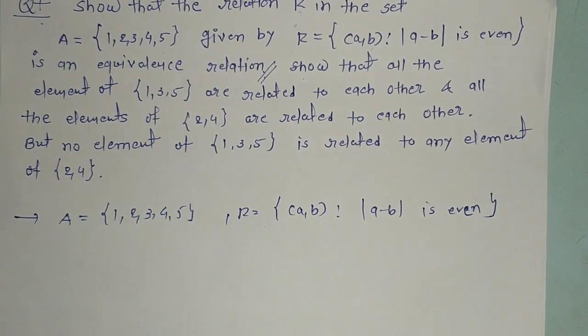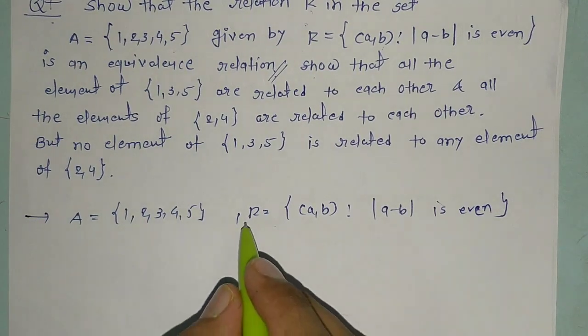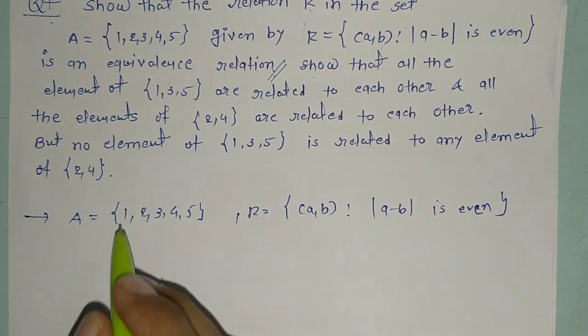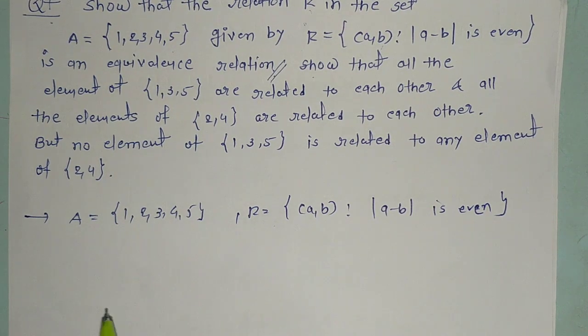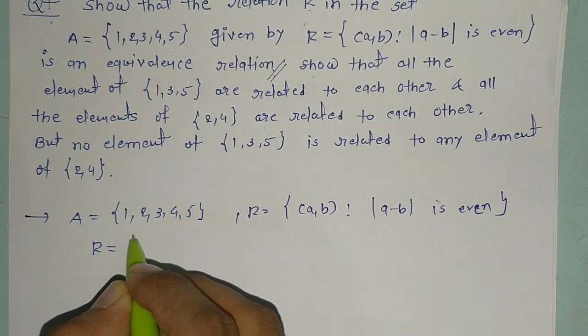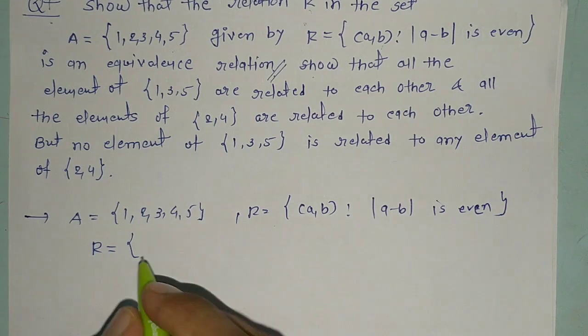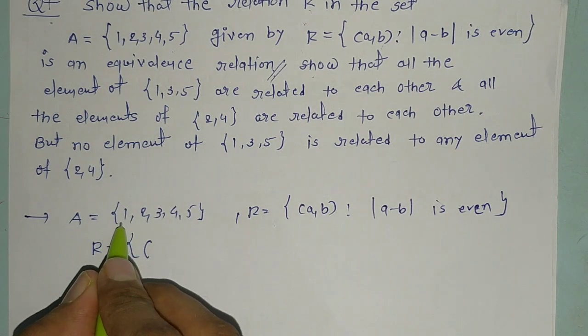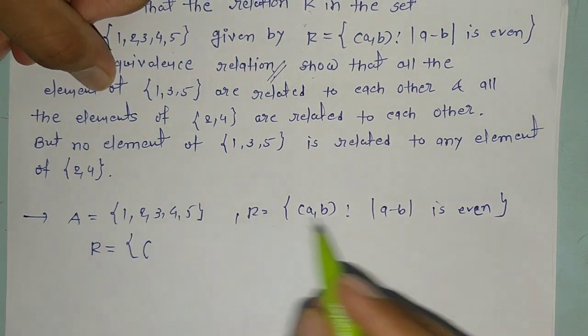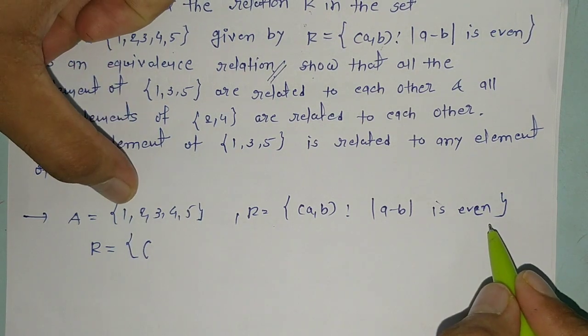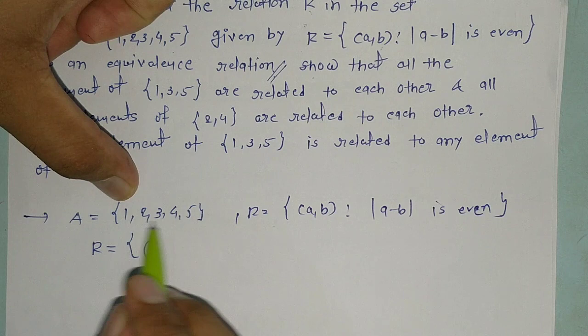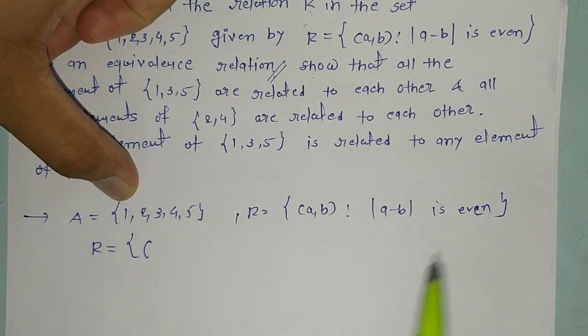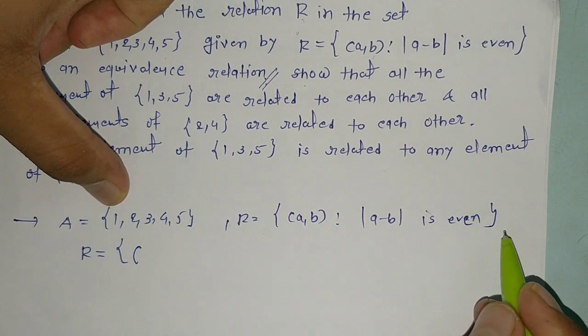Okay, so first we form the roster form of this R according to this set. R is equal to... start with 1, and apply this definition. Which two elements of the set will satisfy this condition?